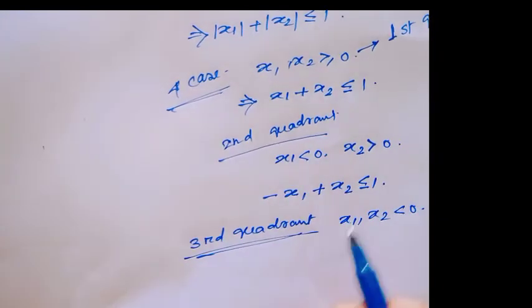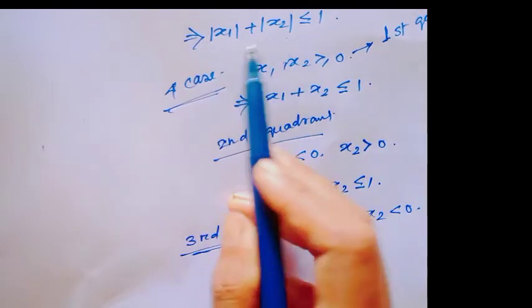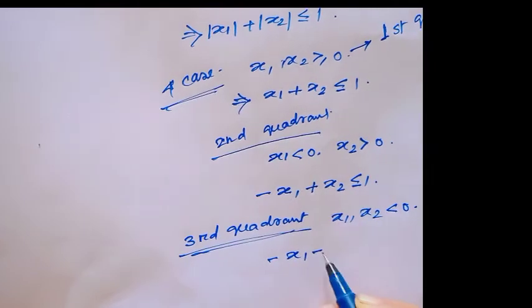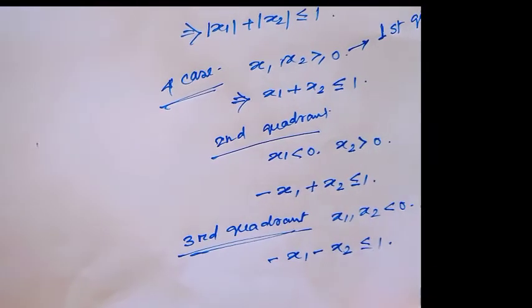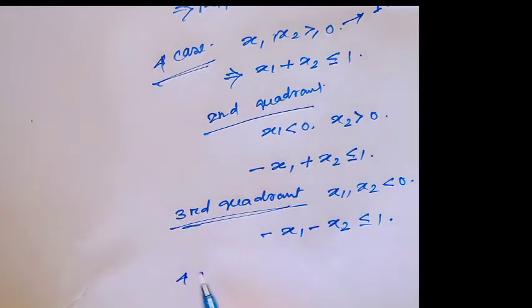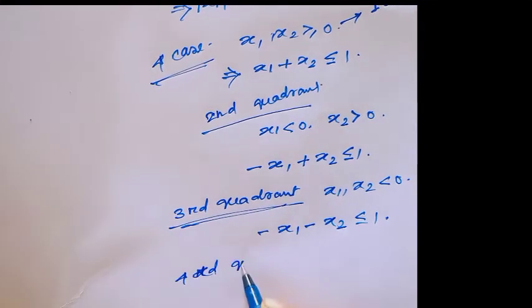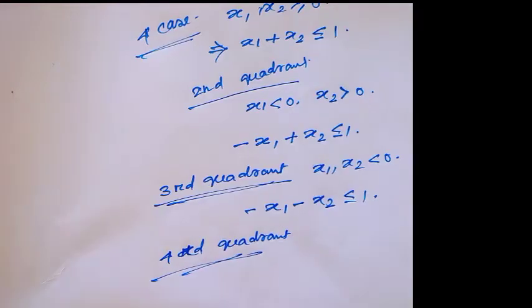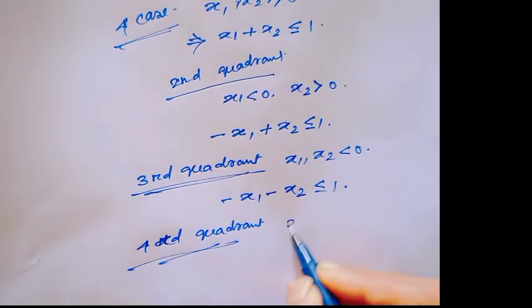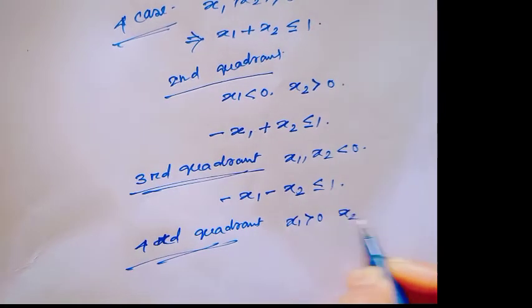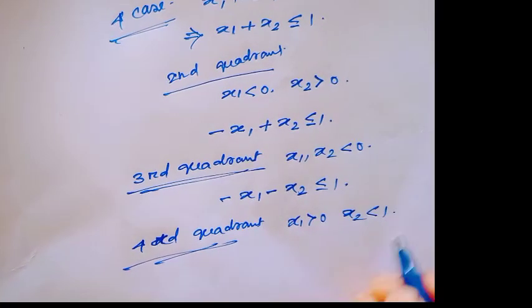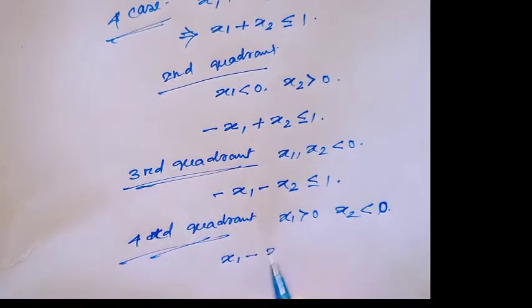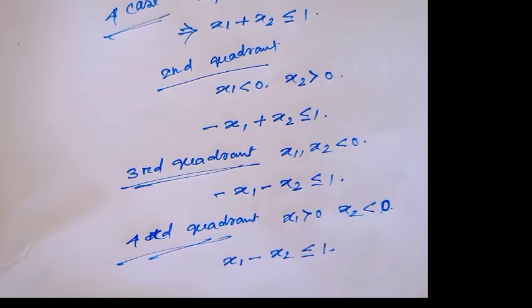Since x1, x2 are less than 0, the absolute value of x1 would be minus x1 and the absolute value of x2 would be minus x2. This would be less than or equal to 1. And in the fourth quadrant, x1 greater than 0 and x2 less than 0. That implies x1 minus x2 is less than or equal to 1.